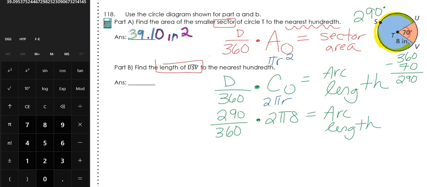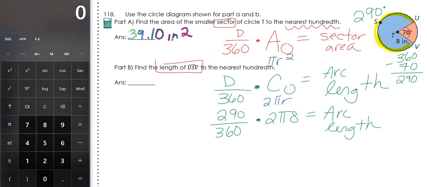Okay, grab my calculator. Let's go ahead and do all this multiplication. 290 divided by 360. So this is approximately 81% of the entire circle's circumference. Multiply this by 2 times pi times 8 equals.